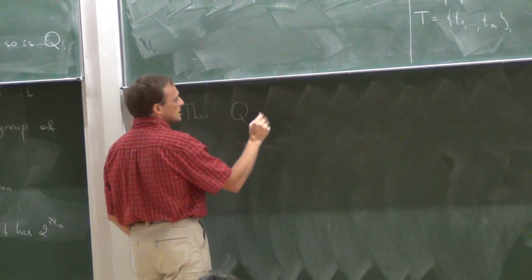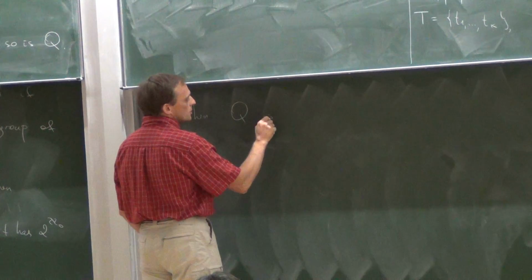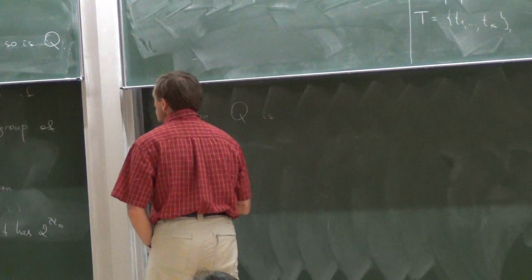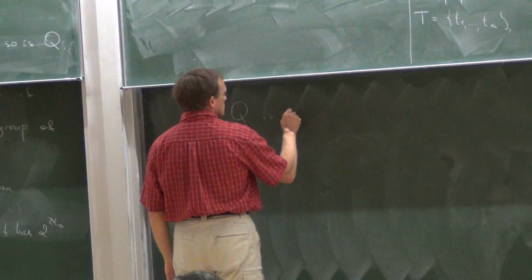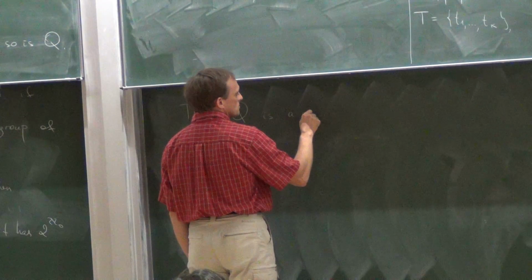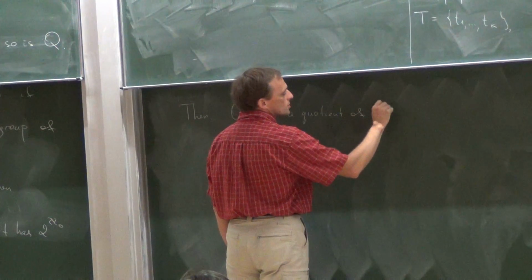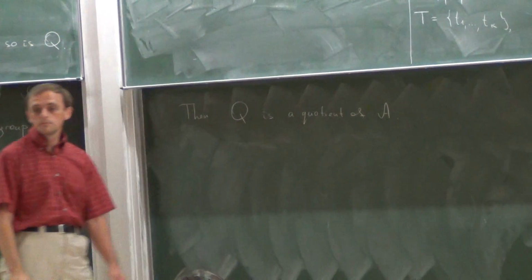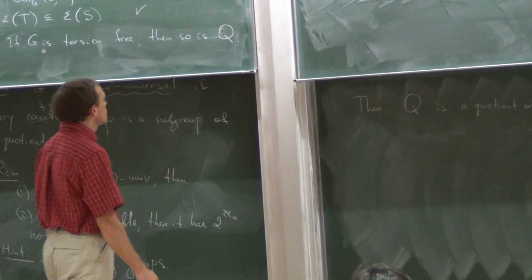Q such that, first of all, Q is a quotient of the original group A. Not only is it a quotient of G, it's a quotient of the original group A. Why?